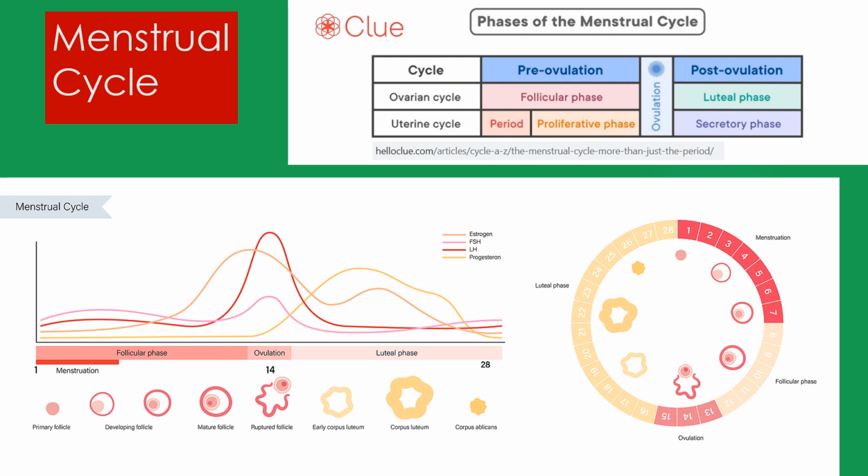The menstrual cycle starts with the menstrual phase, when the endometrium sheds. Then the proliferative phase begins. During this phase, the estrogen levels rise and the endometrial lining thickens. This is designed to make the lining a good cushion for the implantation of the embryo.